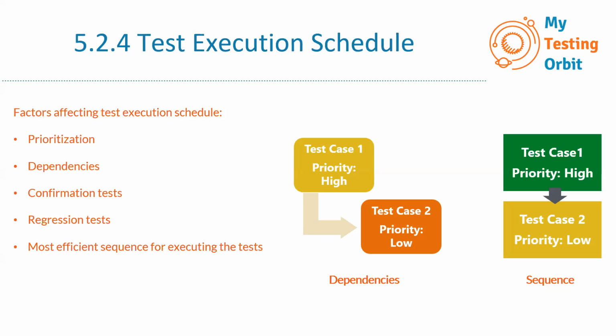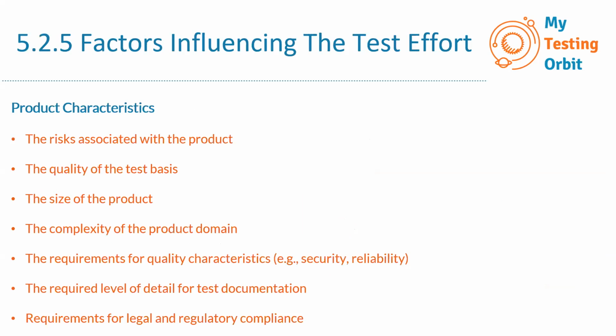So in that scenario as well, we don't look at the priorities. We just see in which sequence the test cases need to be executed, regardless of their priorities. With that, we are done with the test execution schedule.